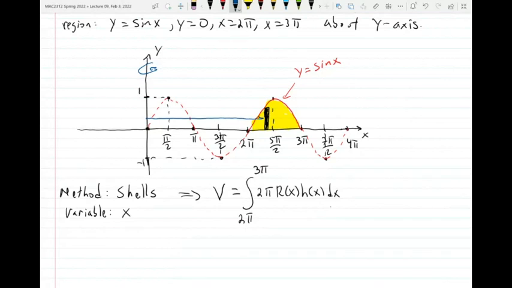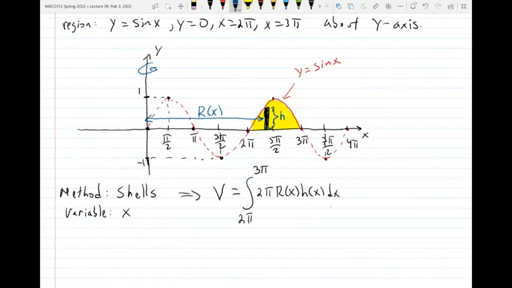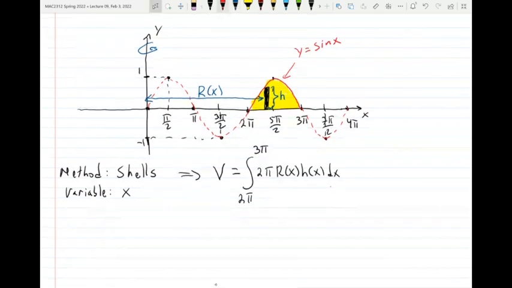So this right here is R of x. Okay, that's R. And then H, in this case, is the height of the rectangle.